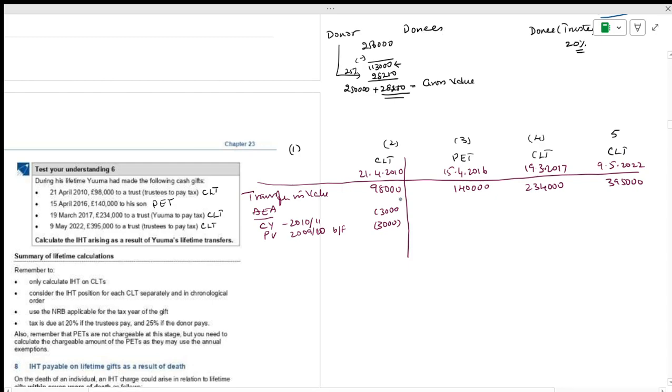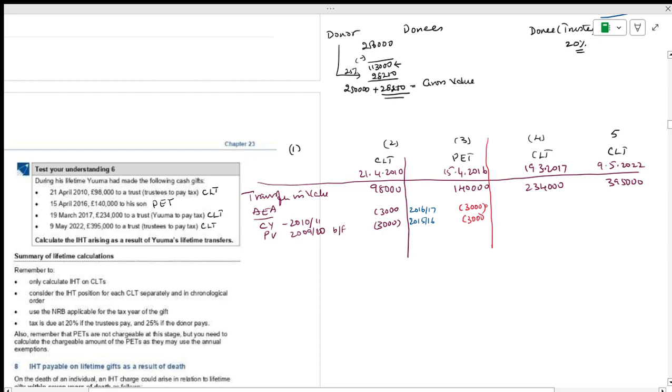Here the current year is 2016-17, the previous year is 2015-16. There is 3,000 and 3,000.